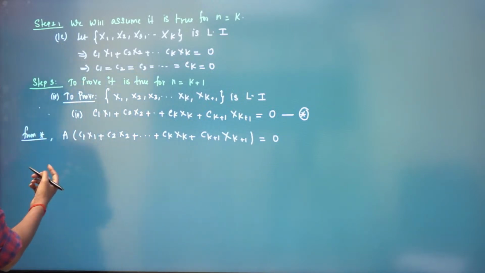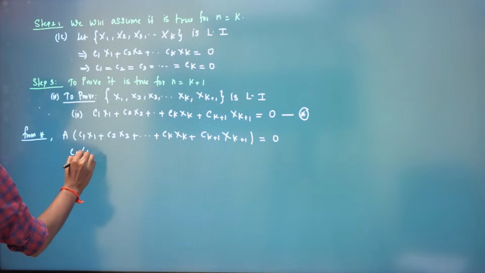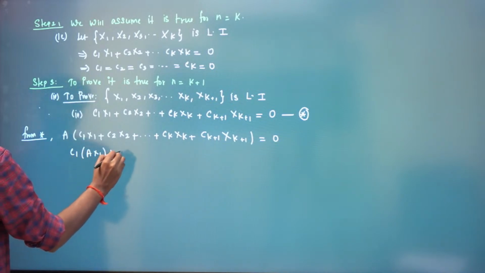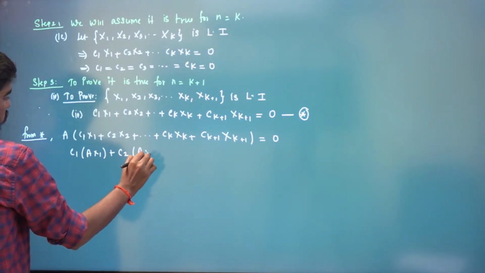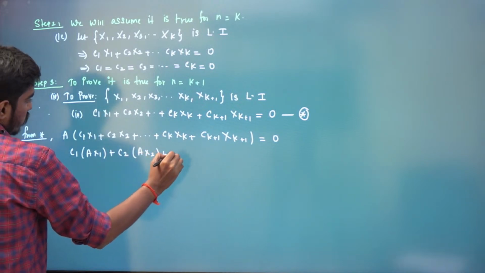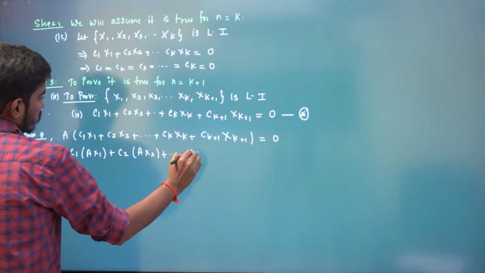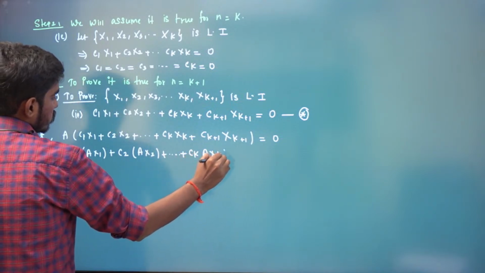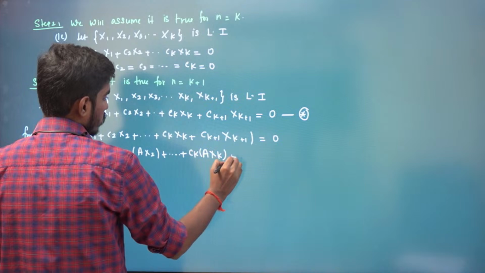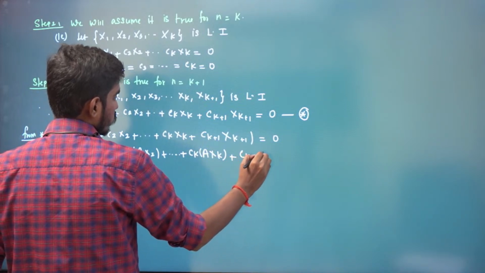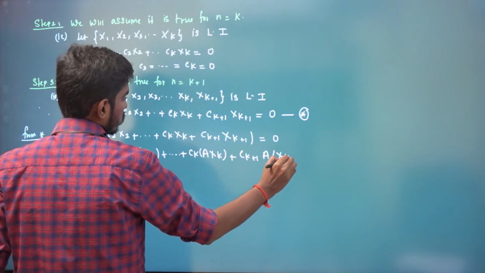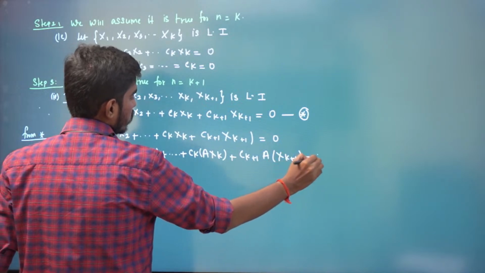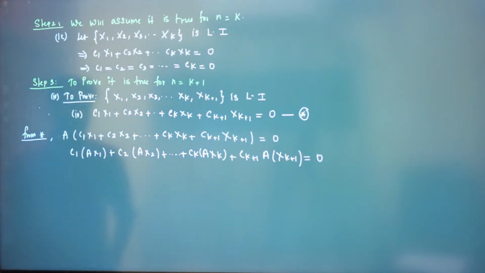So if I take A inside, c1 A x1, c2 A x2 and so on, ck A xk, and so on up to ck plus 1 A of xk plus 1 equal to 0, right?